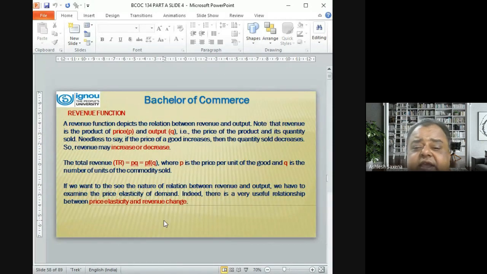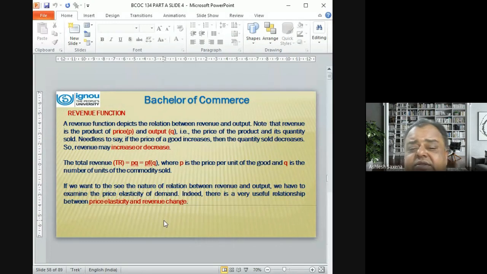Needless to say, if the price of the goods increases, then the quantity sold decreases. So revenue may increase or decrease. If you have profit from the business, no doubt that profit is due to the increase in revenue. And if it is in loss, revenue will be falling.